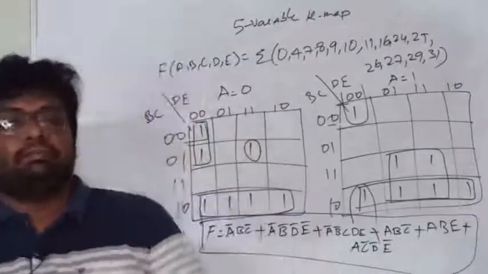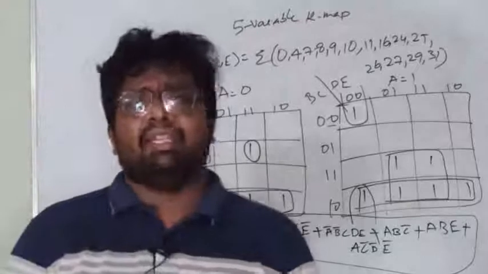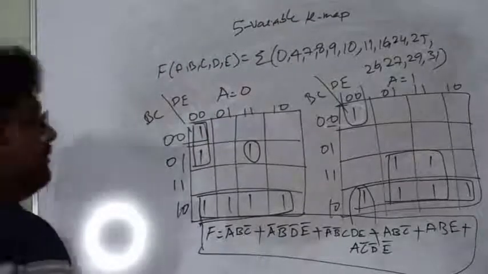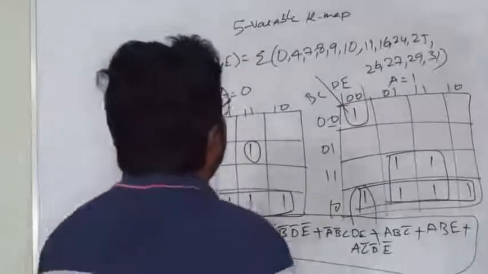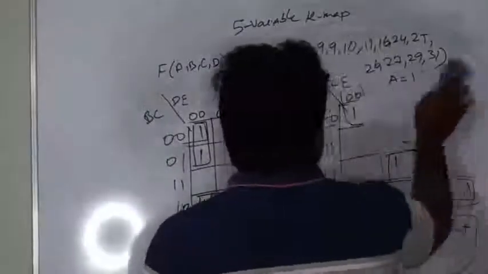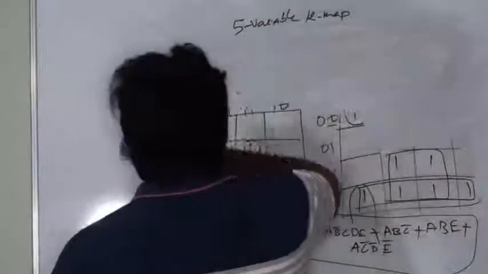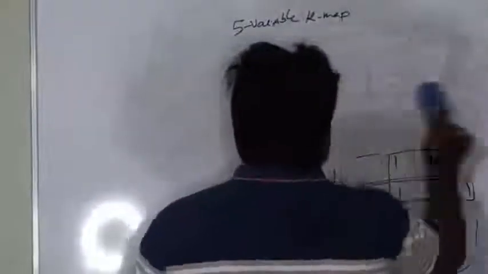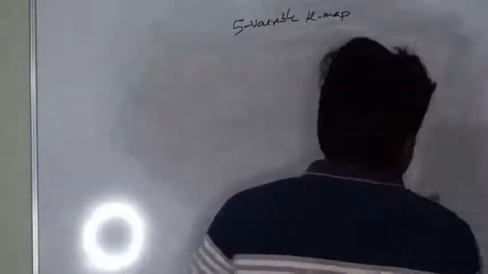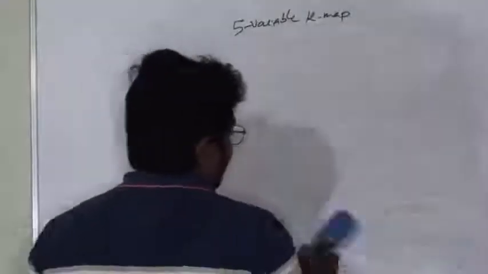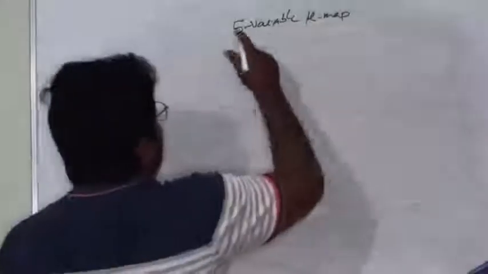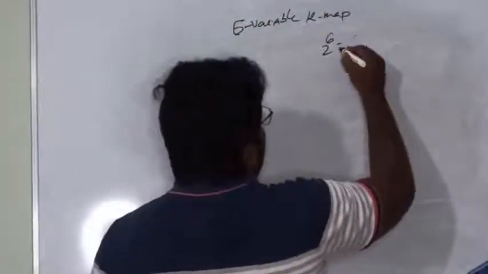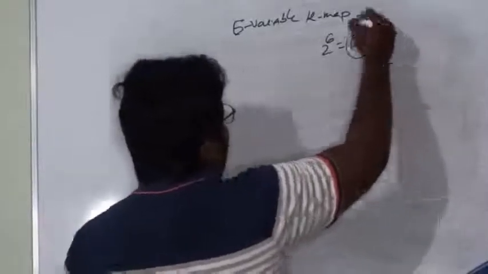Next one, let us see the 6 variable K-map. For the 6 variable K-map, similar to the 5 variable K-map, we will be having 2 power 6, that is equals to 64 squares.